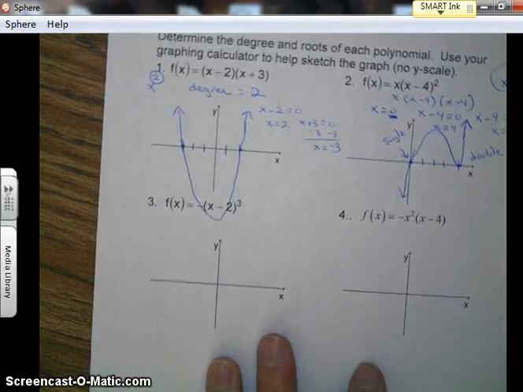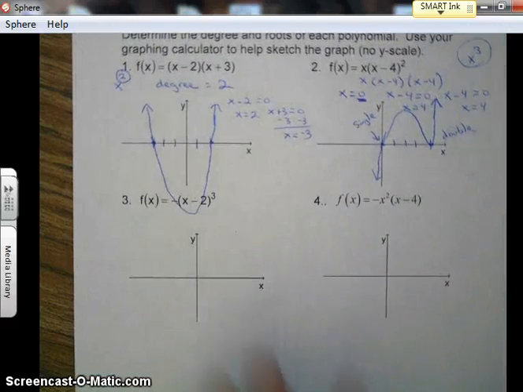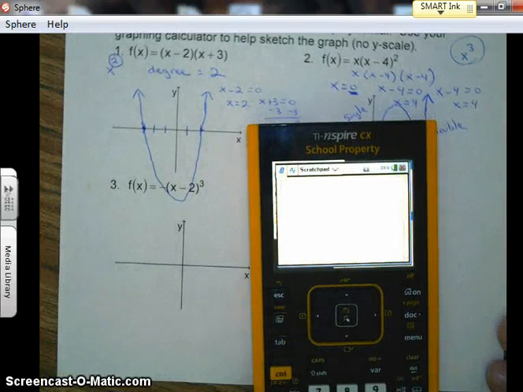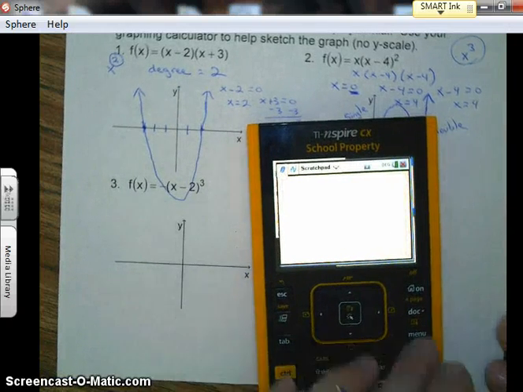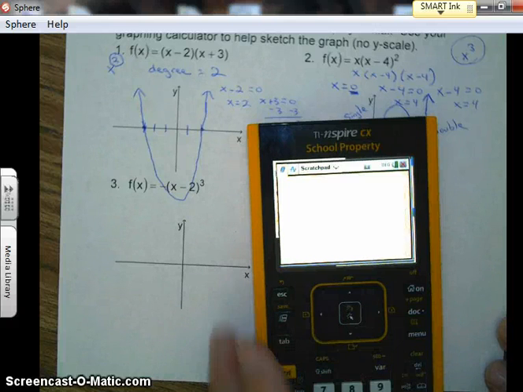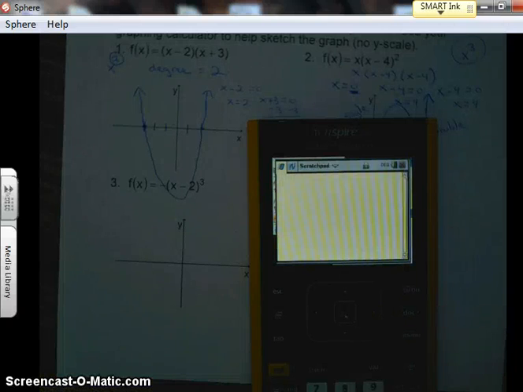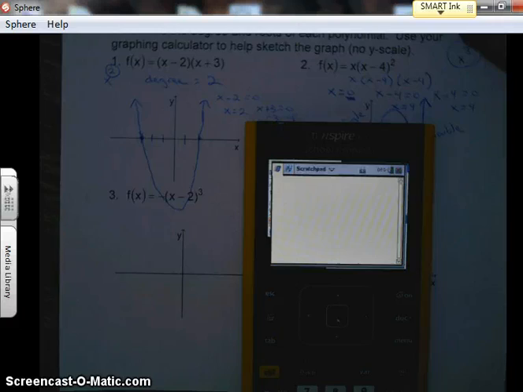It's not even wanting to zoom in and zoom out. Well, what am I going to do here? I can't get the calculator to... Here we go. Here we go.